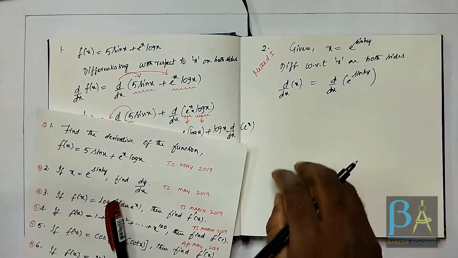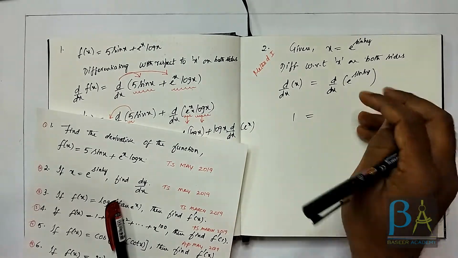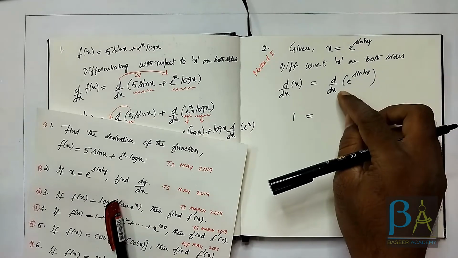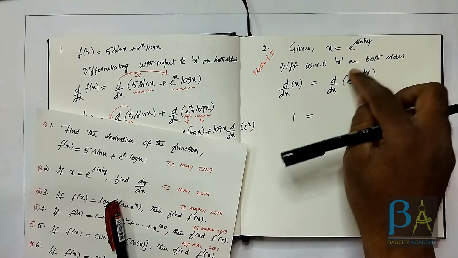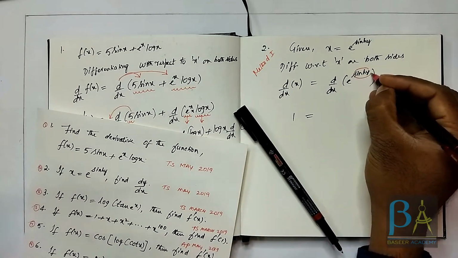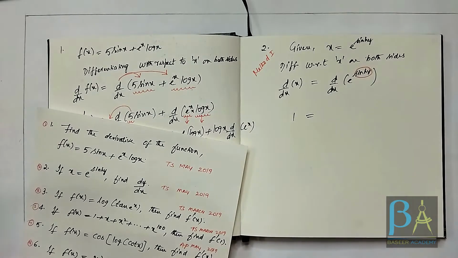Now how are you going to differentiate this? x, when you differentiate with respect to x, you get 1. d by dx of e power sinh y. I don't have a formula to find the derivative of e power sinh y. So you are going to consider sinh y as x. Let's consider sinh y as x in our mind.